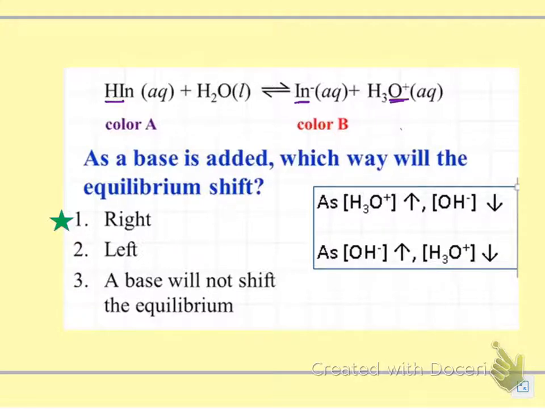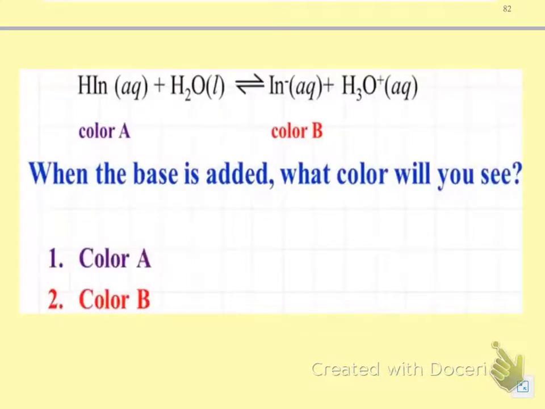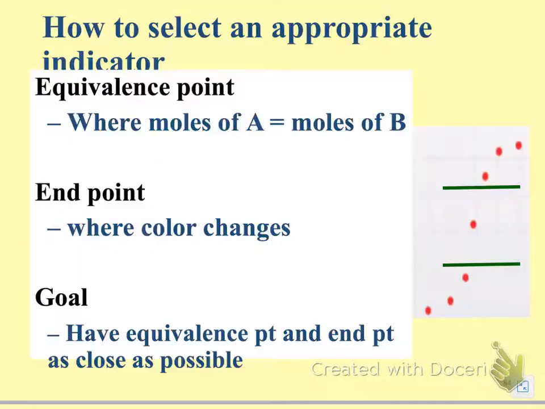Whenever we are increasing our acid concentration, we are decreasing our hydroxide, and vice versa. So if we're talking about adding a base, we're not talking about this side, we're talking about this side. In this case, we are going to shift from left to right. When we add that base, what color will you see? Well, you're going to see color B.